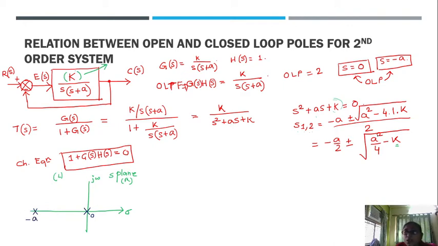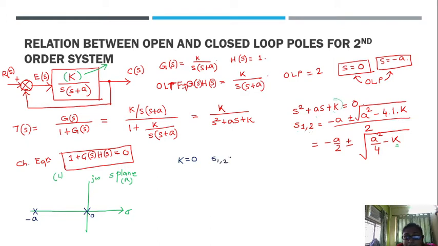Now what is going to happen? Suppose the value of k was initially 0. When k is 0, this becomes a by 2. So what is the value of the poles we are getting?